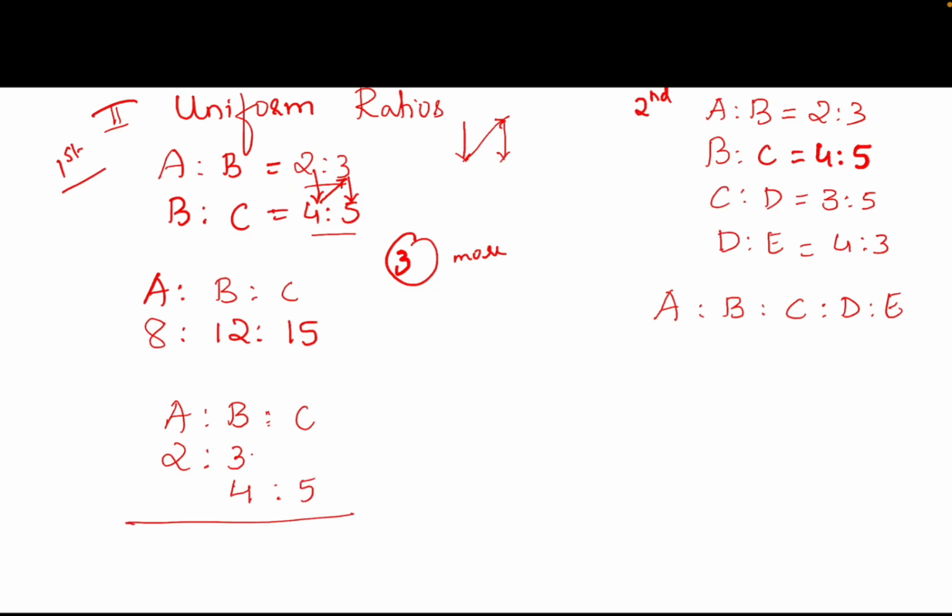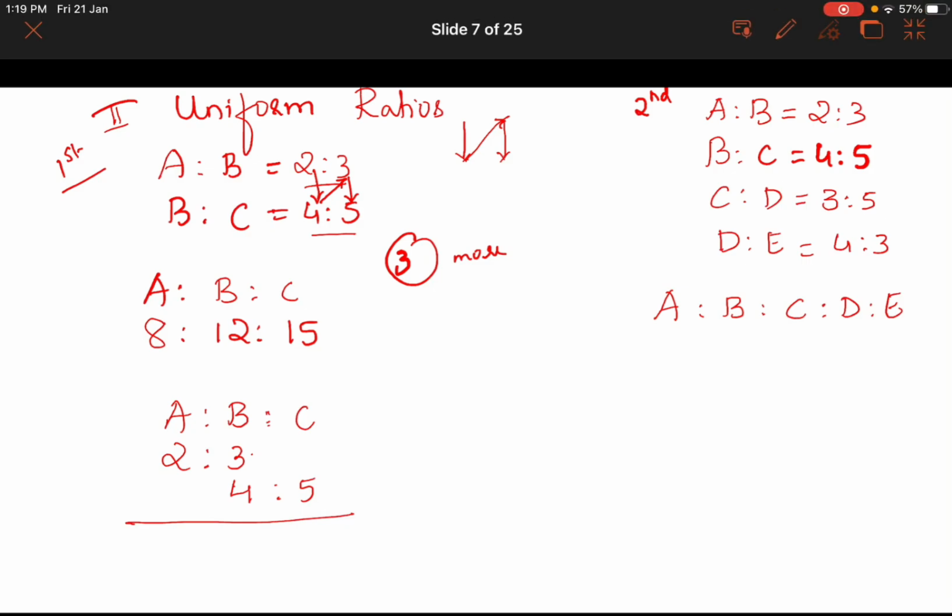Whatever number is beside the vacant place, write the same number in it, that is 3. In the other vacant place, write the number which is beside it. Now 4 is there beside it, so write 4 as it is here. Now multiply: 4 2s are 8, 3 4s are 12, 3 5s are 15. So this is the same ratio we got earlier. Similarly, we will do it for this problem.